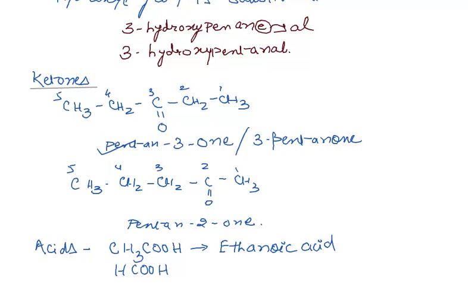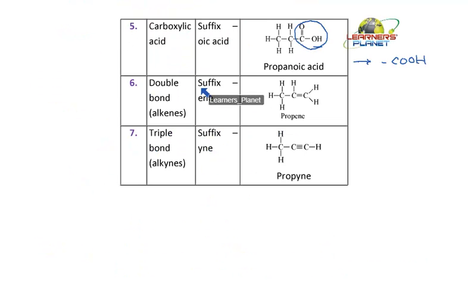HCOOH. How many carbon atoms are there in it? 1. So what would be the root word? Meth. What would be its name? Methanoic acid. This is also called as what? Formic acid. Okay, that is how your acids are named. Likewise, there will be propanoic, butanoic, pentanoic, depending on the number of carbon atoms present.